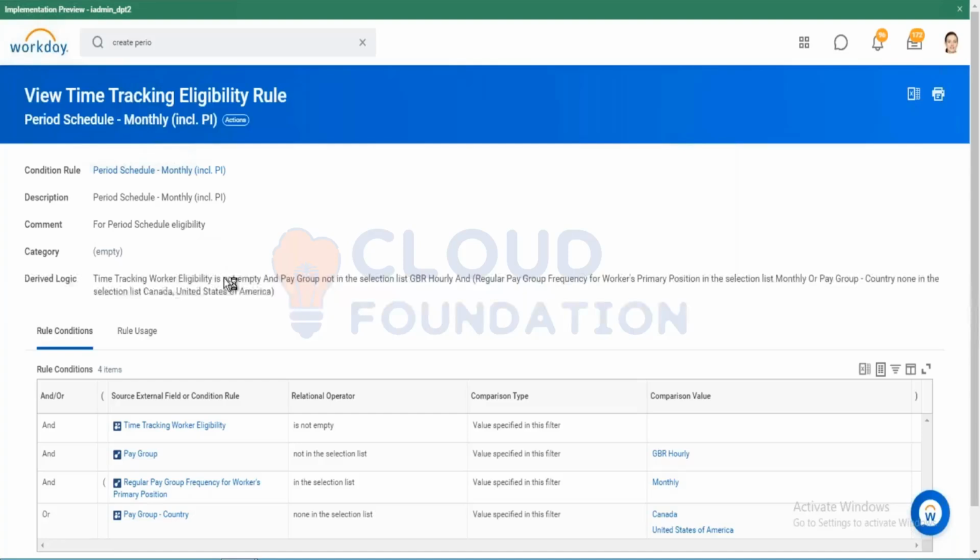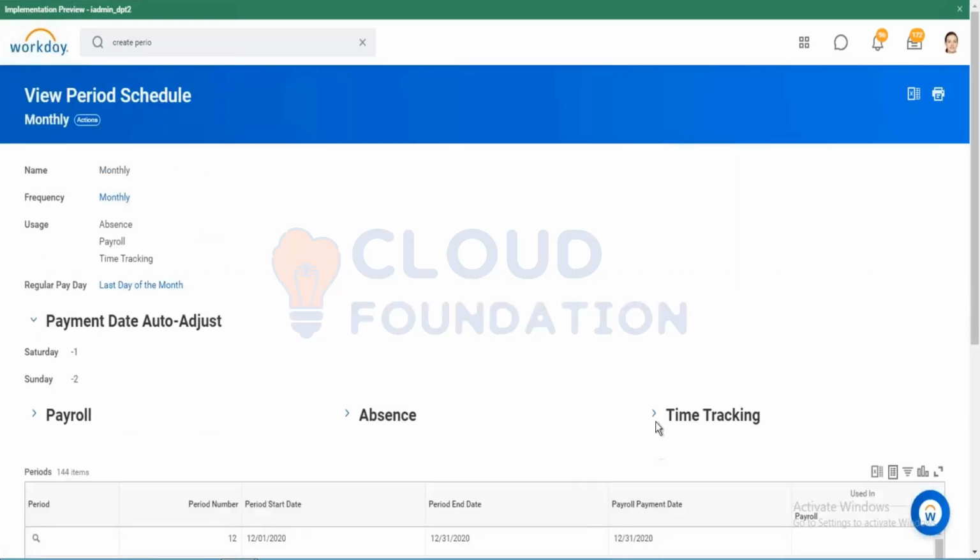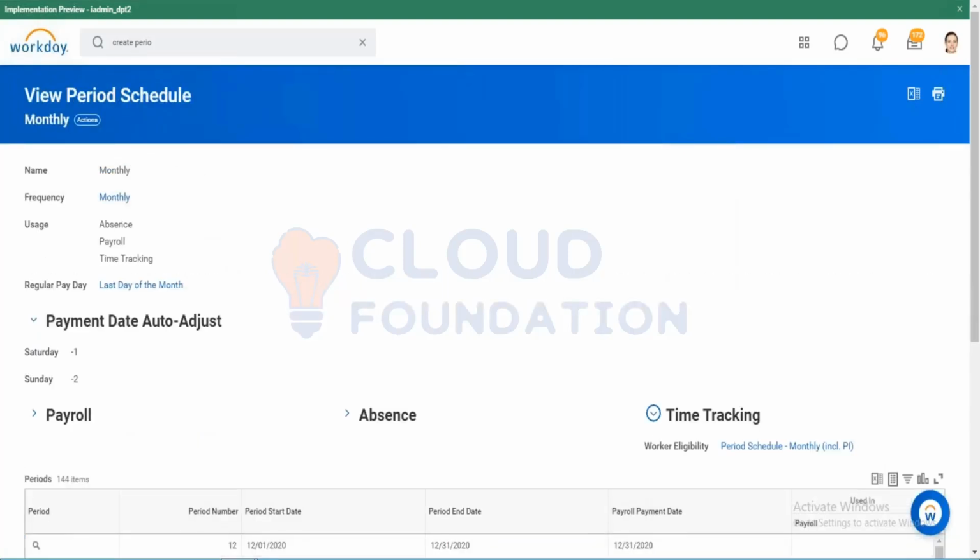Now, I'm giving you one more heads up. Whenever you are implementing time tracking eligibility, you make people eligible from the broader space to the narrow. It looks complex, but when it comes to time tracking, you make workers eligible in a broader way and then go downward to make it narrow.